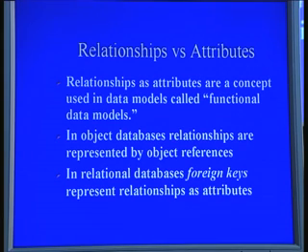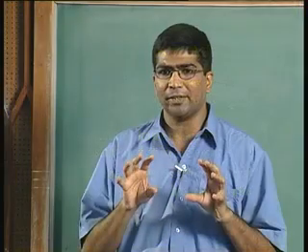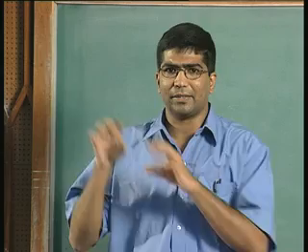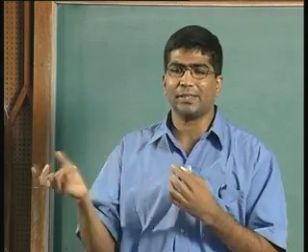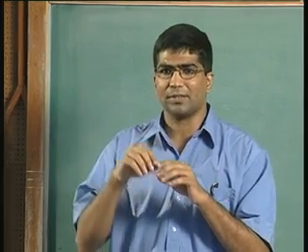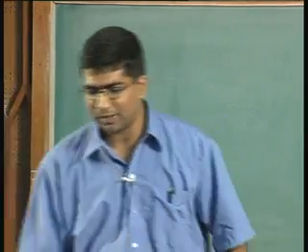There is a reference to a department object within the employee object, and a reference to an employee object in the department object, and so on. Similarly, in relational databases, which we are going to study much deeper, relationships are established by what are called foreign keys. That is, there is one table that describes one kind of entity, and a relationship between this table and the other table is described by a foreign key attribute, which says that this entity of this type is related to some other entity of the other type.